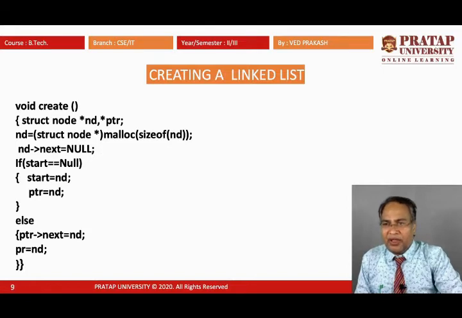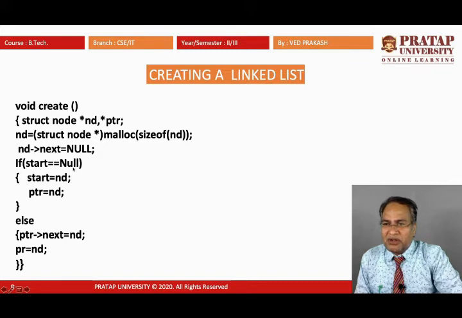Now, if we want to create more nodes and link them, we have to follow these steps. If start equals null, it means our start pointer, which always denotes the first node, is null, so there is no element and we have to create a node.